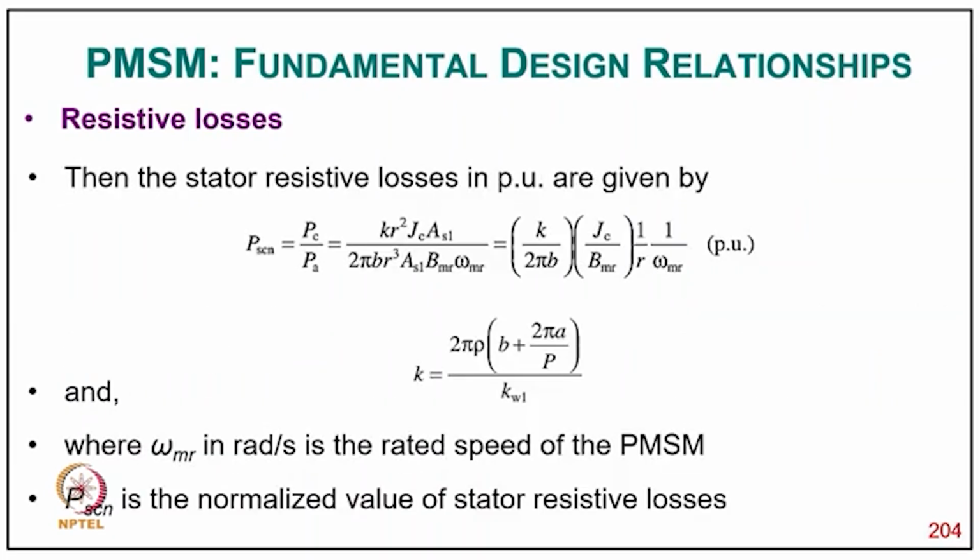So, then the per unit resistive losses are given as PSN equal to PS upon PA, that is KR square JC AS1 upon 2 pi B R cube AS1 BMR omega MR, equal to 2K upon 2 pi B into J upon BMR into 1 upon R omega R per unit, where K equals 2 pi P in bracket B plus 2 pi A upon P divided by KW1, where omega R is the rated speed of the PM in radians per second, and PSN is the normalized value of stator resistive losses.